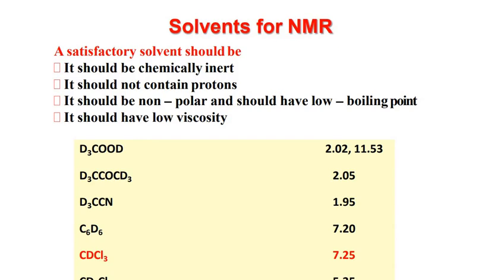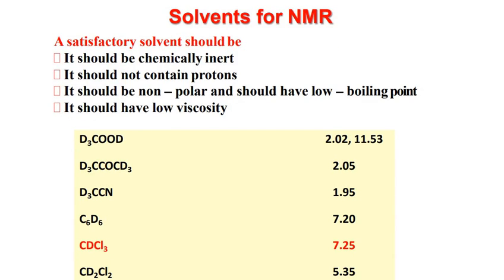For an NMR spectrum, the use of solvents is very important. The solvent should be chemically inert, should not contain protons, should be non-polar, and should have a low boiling point and low viscosity. Generally we use solvents like CD3COOD, in which hydrogens are replaced by deuterium.